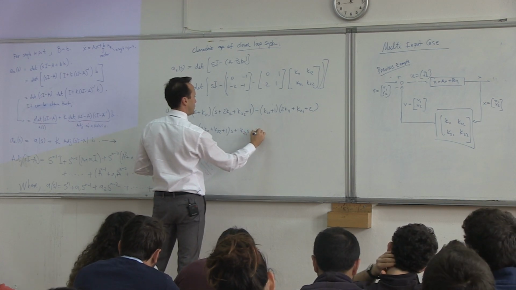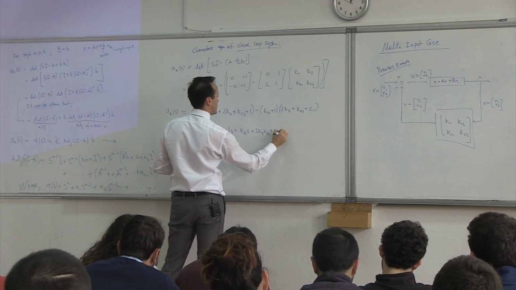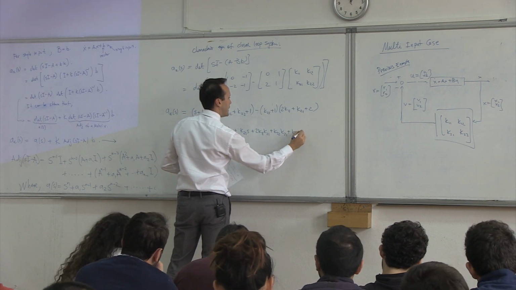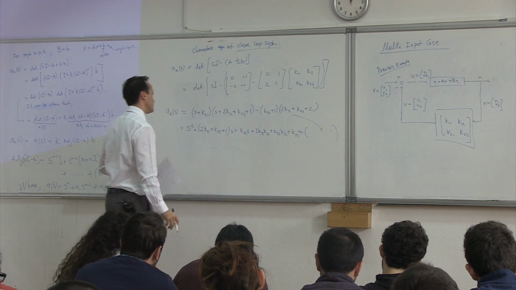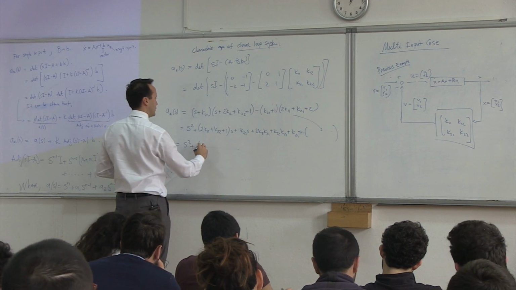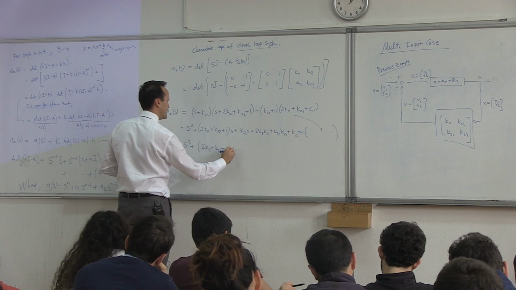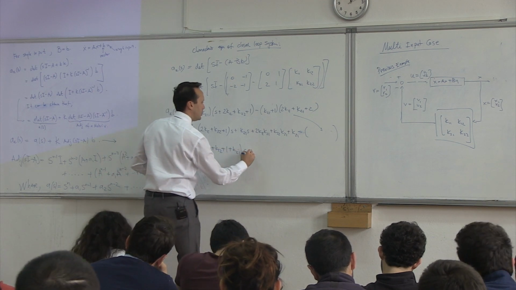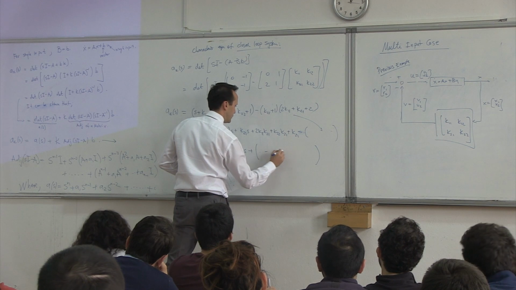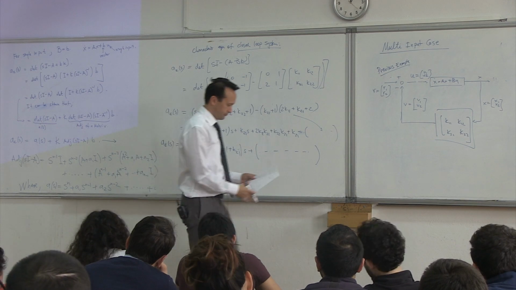Plus 2K12, K21 plus K22 times K21 plus K21 minus that stuff. Okay, so that's equal to S squared plus 2K12 plus K22 plus 1 plus K21 S plus all that stuff. A lot of values here. Okay, it's A minus BK times S.